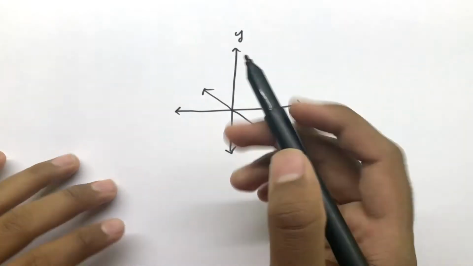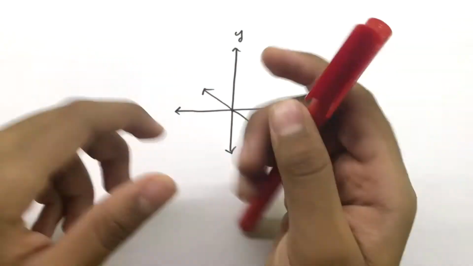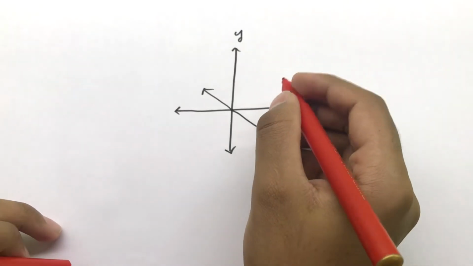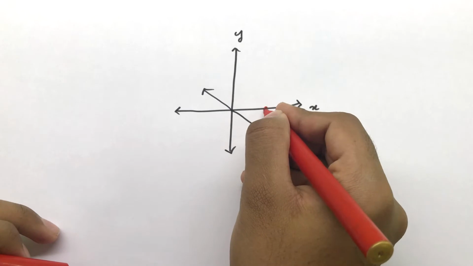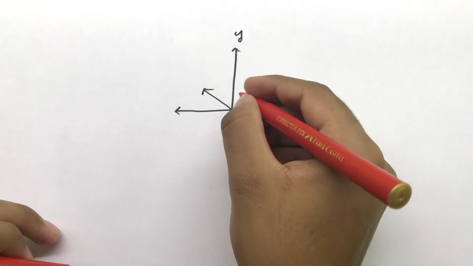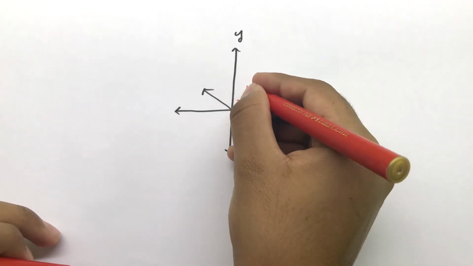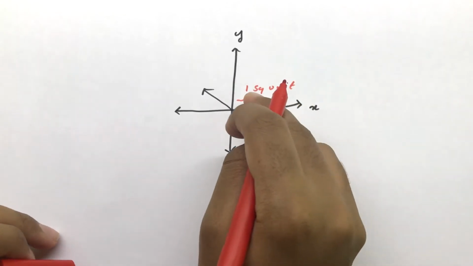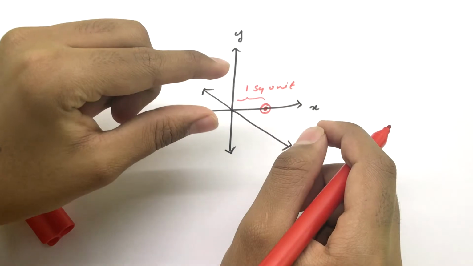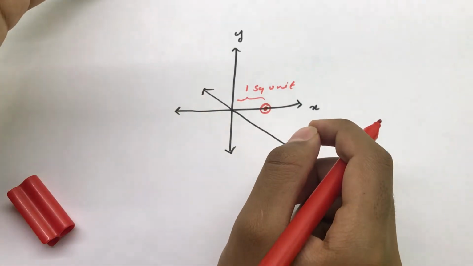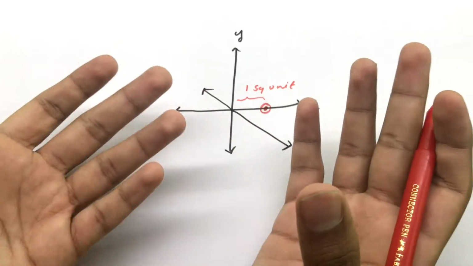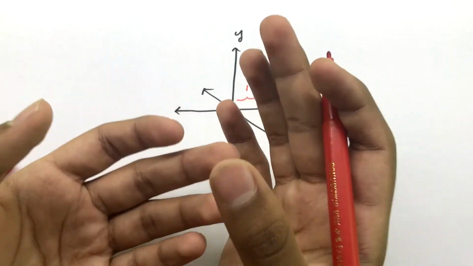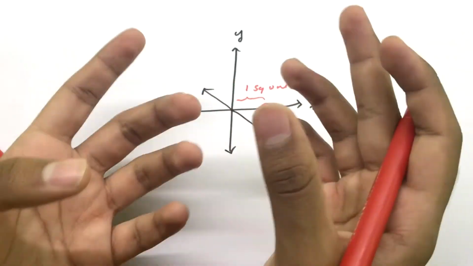Now if I were to tell you this point over here on the x-axis is at a distance of 1 square unit. This term square unit is basically that 1 centimeter part in your graph paper, or a unit whose magnitude is 1, or whose length is 1.